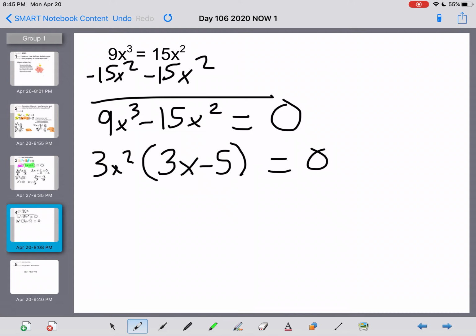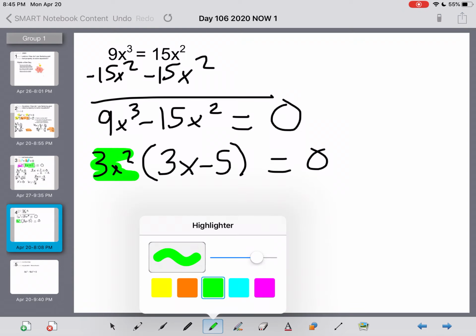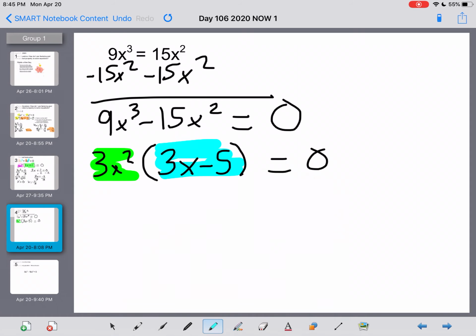Remember, we're in a great spot now to use zero product property because we have an expression in factored form that equals 0. So I know either the green piece or the blue piece has to equal 0.